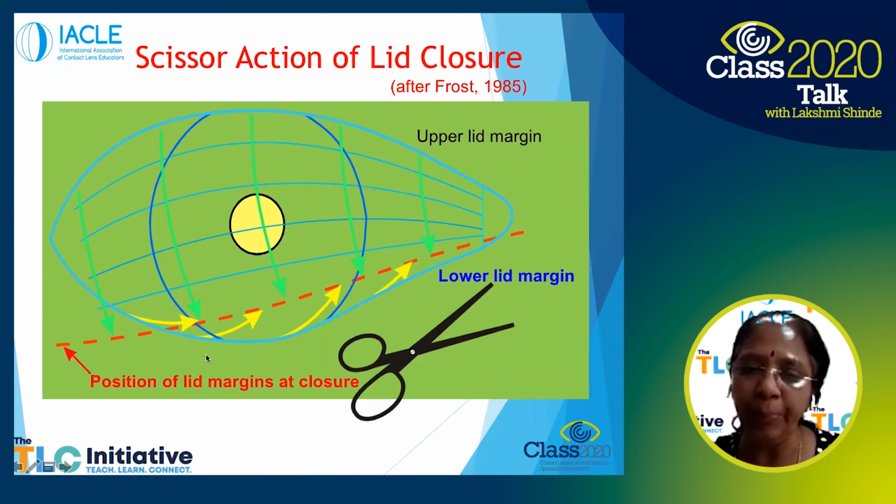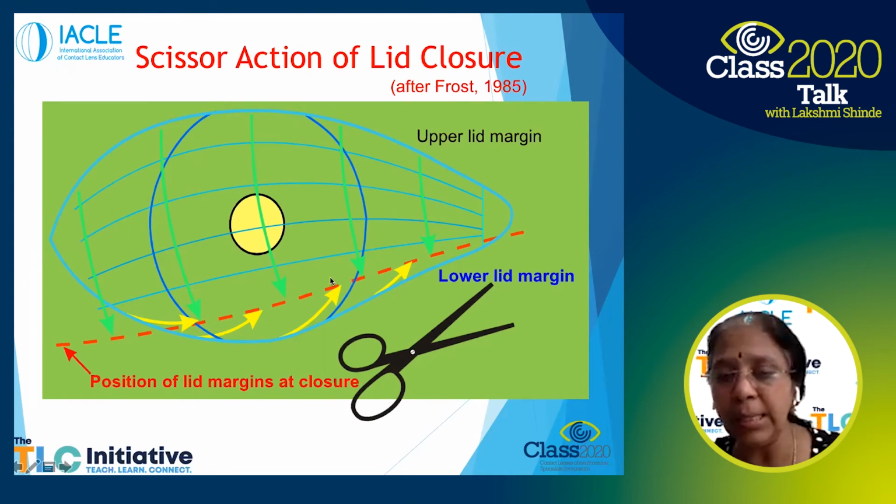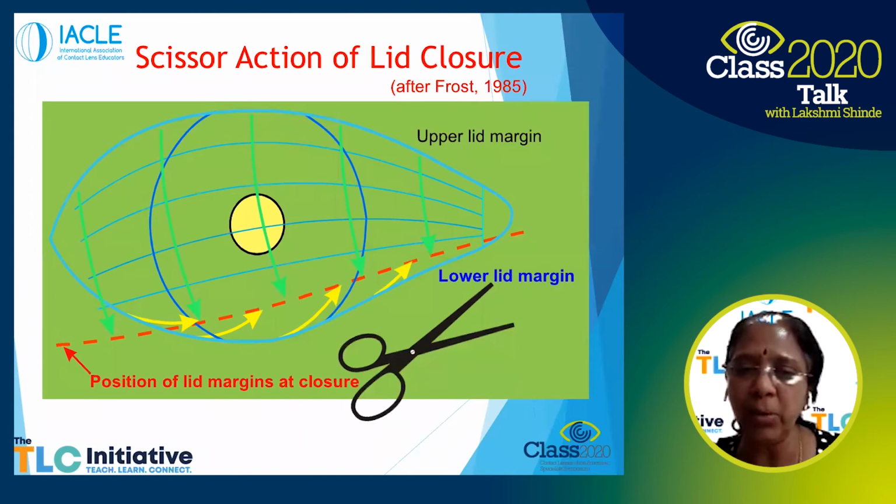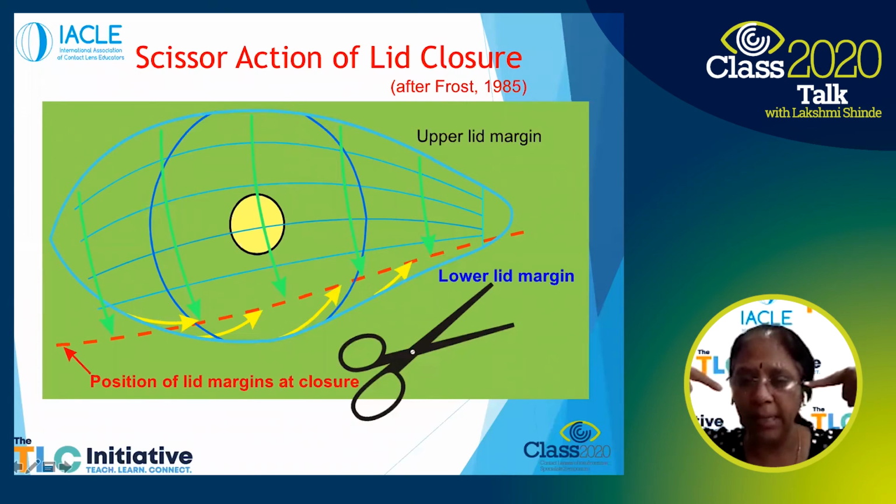So usually the lens does rotate very, very slightly, to less than 5 degrees, towards the nasal area. And this is so with respect to the left eye also. So for both the right and the left, you get a slightly circular movement because of the lid tonicity and pressure towards the nasal area.